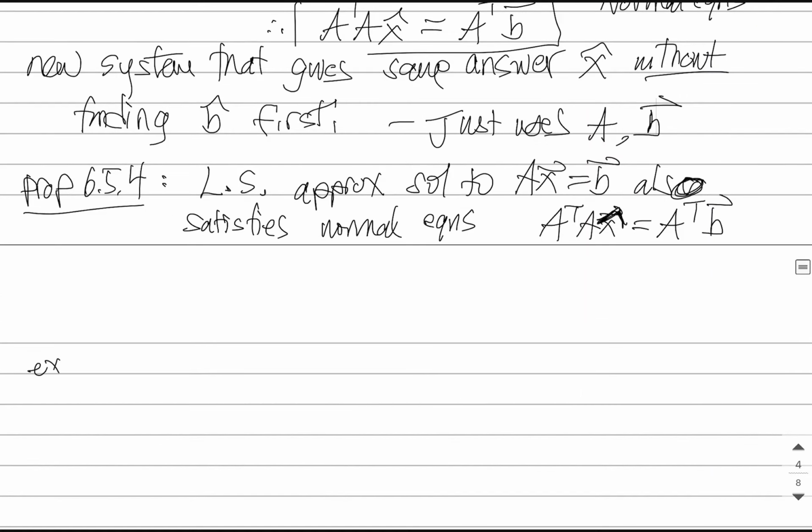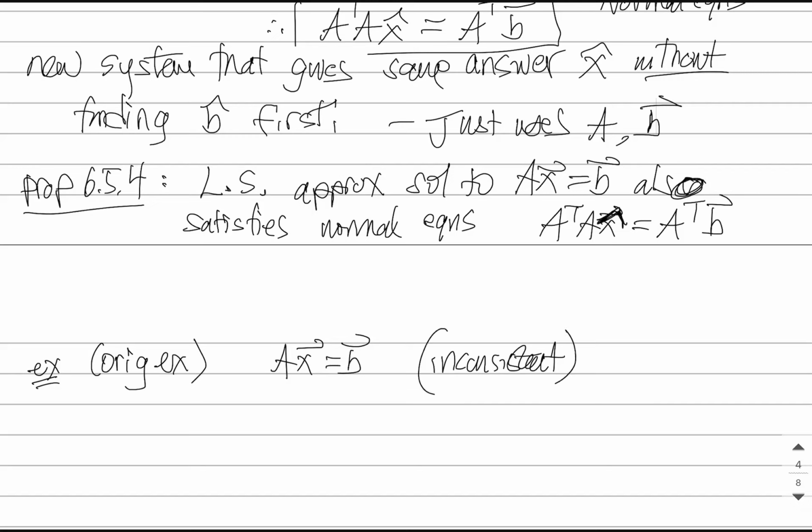So time to go back to our original example. In our original example, the system that we had was inconsistent. And the system that we had, an A that was 1, 1, 1, 1, 2, 3, 5, and 6.